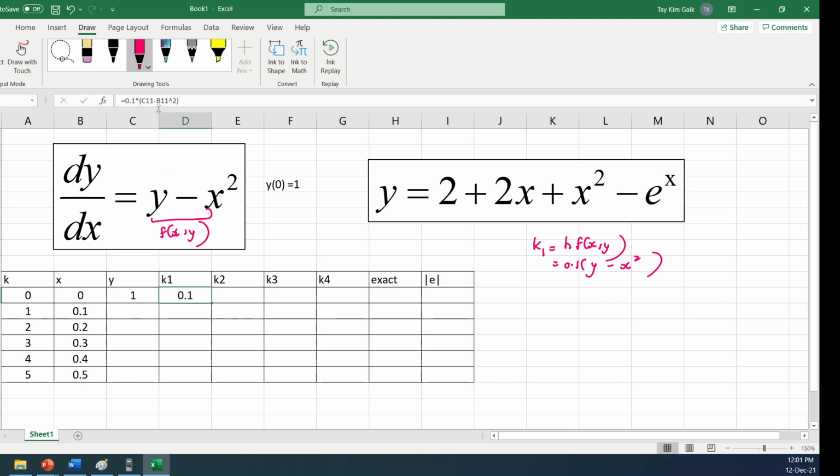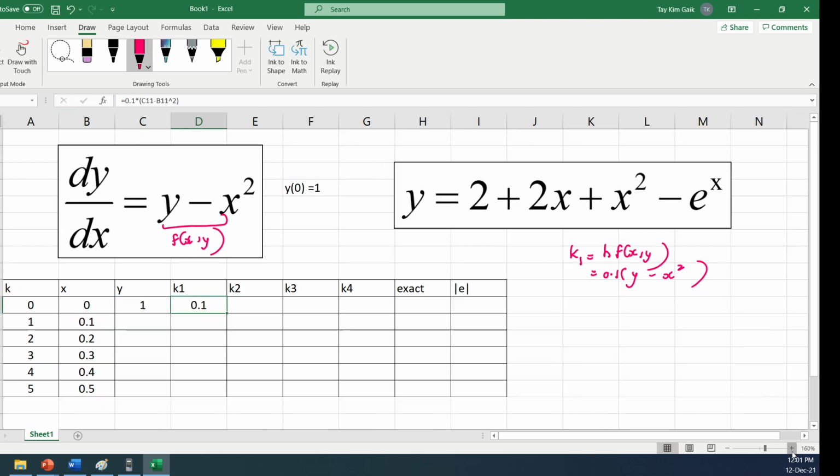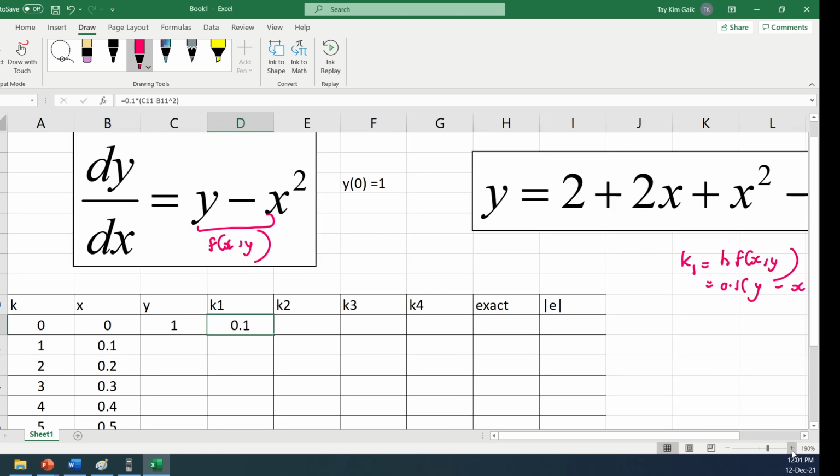If you key in the formula like this, let me enlarge the view: 0.1 times the y in C11, x in B11.